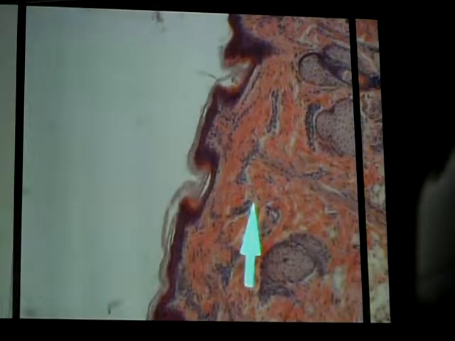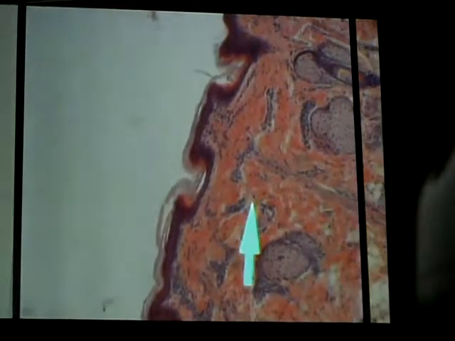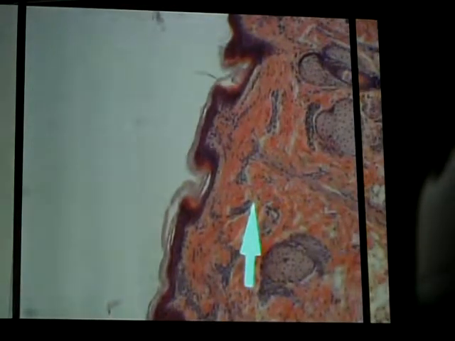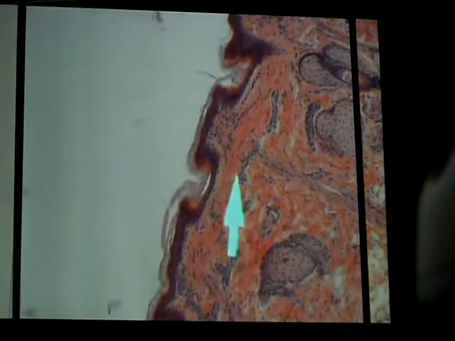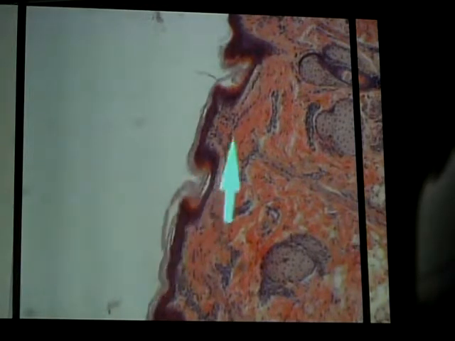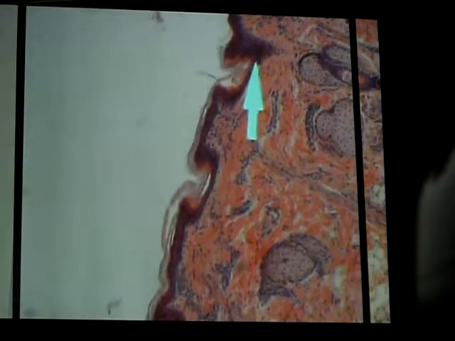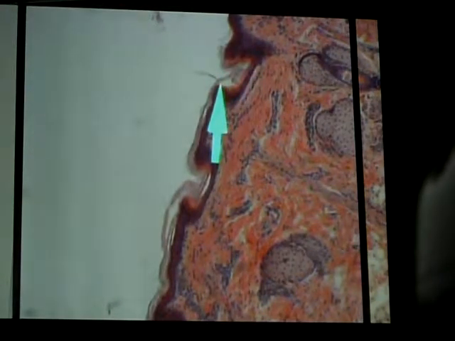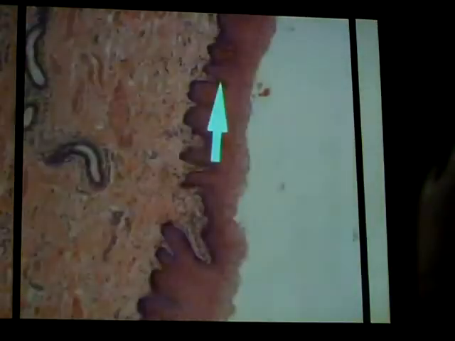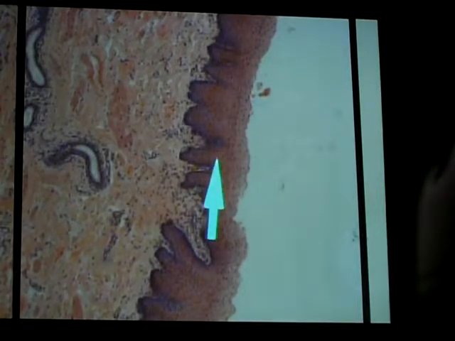Alright, so we're looking at the different layers of the skin. Our outer layer, our epithelium, that would be your epidermis. That's the outermost layer, the layer that's facing the outside.